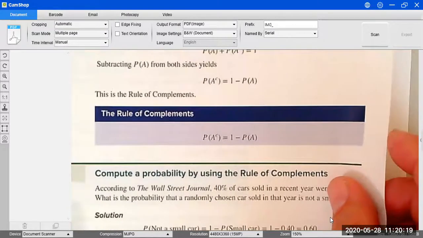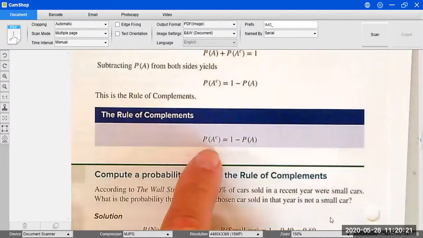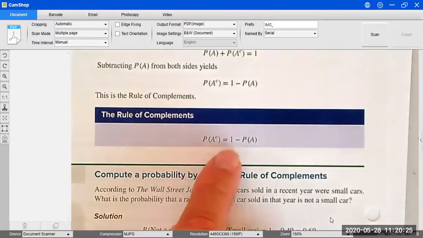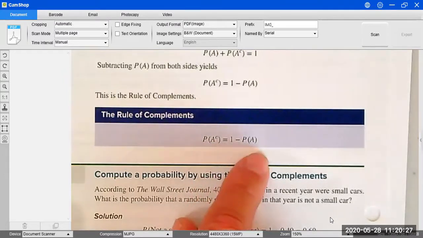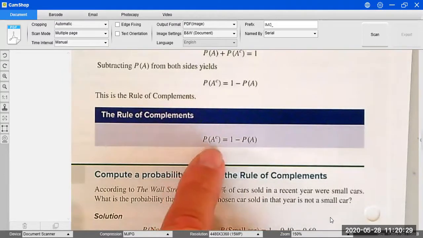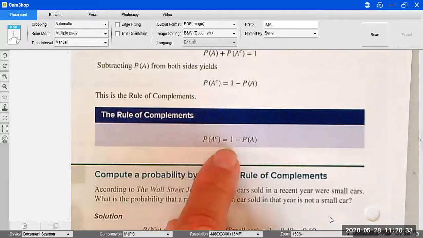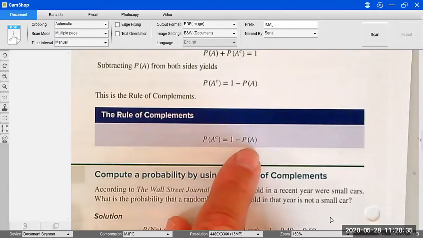The rule of complements is on the next page. The probability of the complement is just 1 minus the probability of the event. So the probability of the complement of event A is going to be 1 minus the probability of event A.